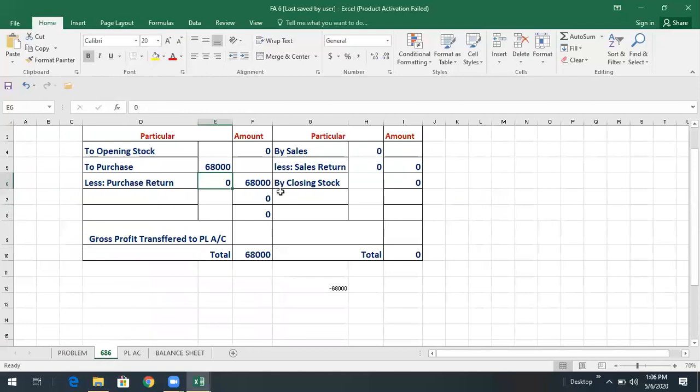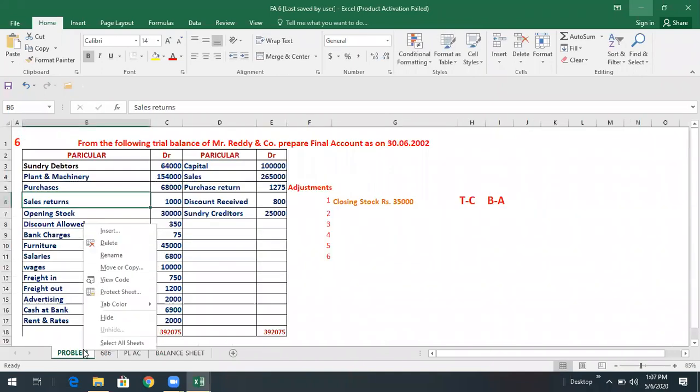Your sales return is in the trading account credit side, where we have the term sales return. What is the value of sales return? 1,000 rupees. So you enter 1,000 rupees here.